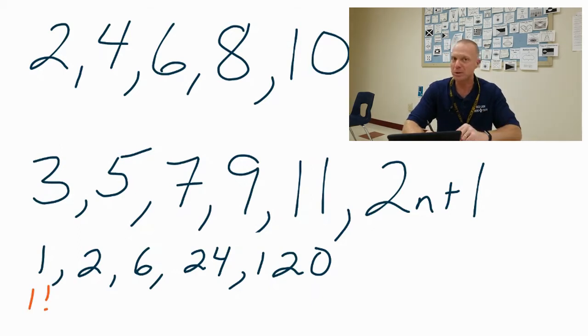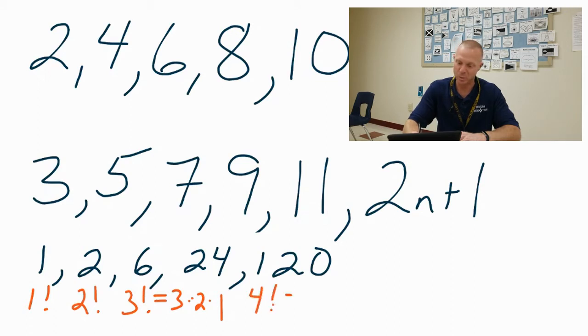Now, 1 factorial would just be 1 times 1. 2 factorial would be 2 times 1. But 3 factorial, well, that would be 3 times 2 times 1. And that gives you 6, doesn't it? How about 4 factorial?